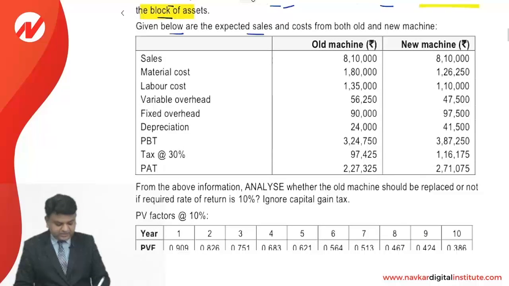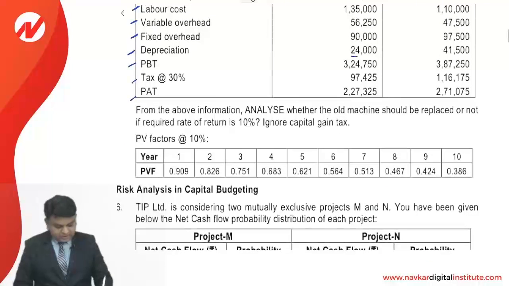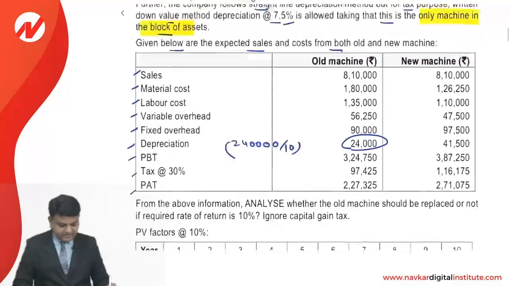Given below are the expected sales and the cost from both old machinery and new machinery: sales, material cost, labor, variable overhead, fixed overhead, depreciation, profit, tax and profit after taxes. This 24,000 is calculated as 2,40,000 divided by 10 years.